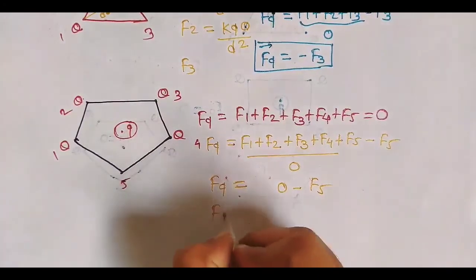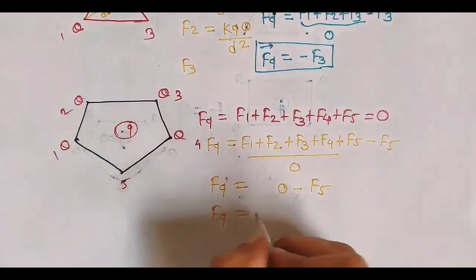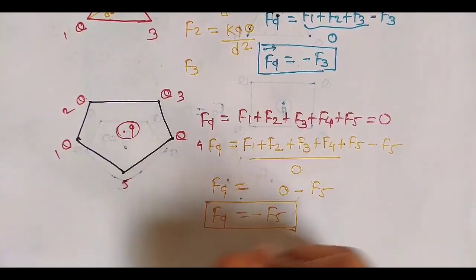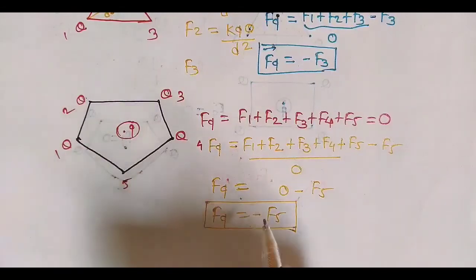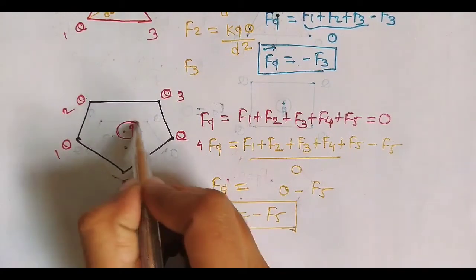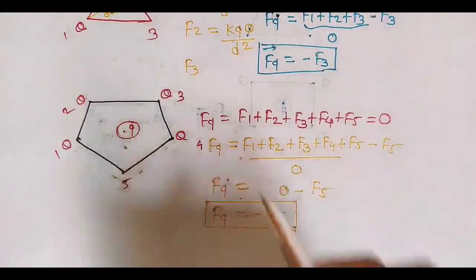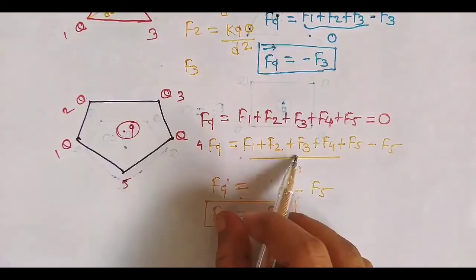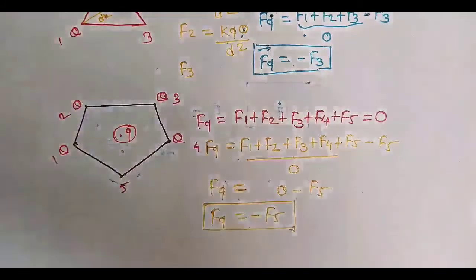So Fq, the net force on the center, is equal to minus F5. So the net force on the central charge is equal to the force due to the missing charge, but the direction is opposite. It has a negative sign.